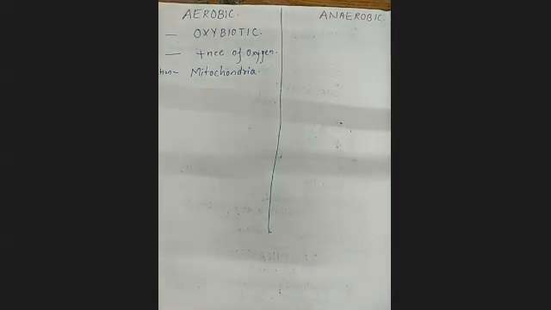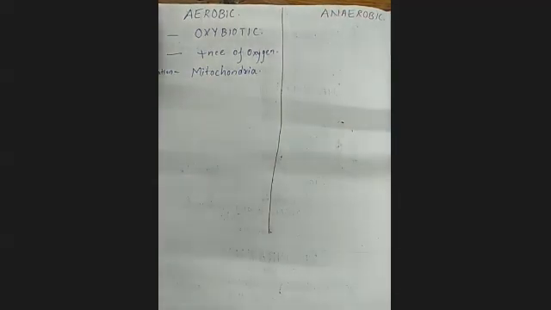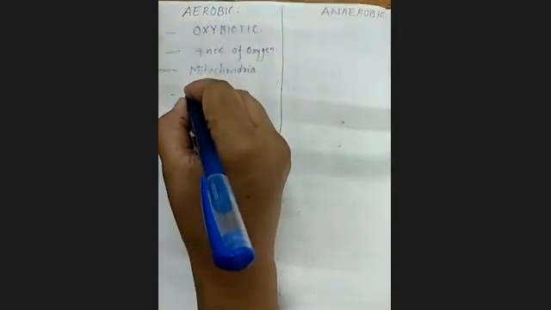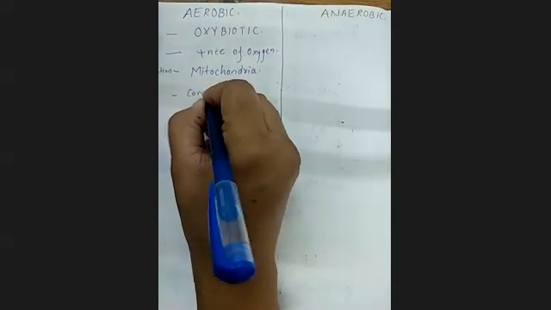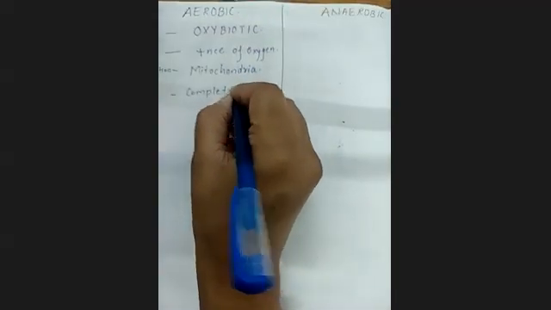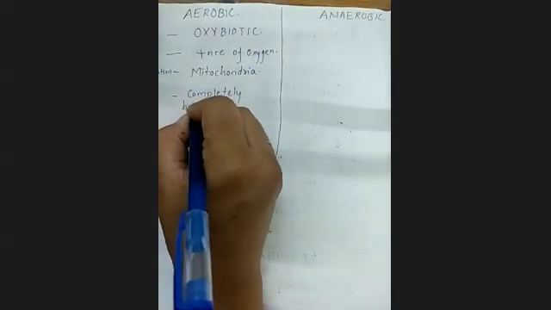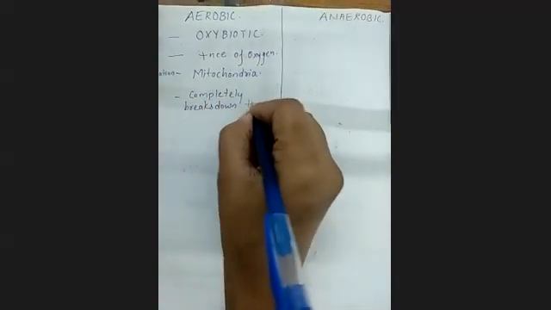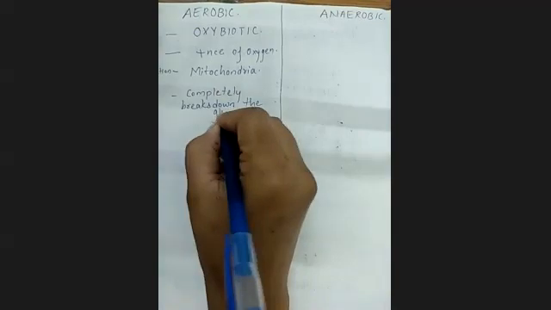Okay, the powerhouse of the cell. You must have studied that mitochondria is the location where this type of respiration takes place. Now as we know, in the beginning we saw that it utilizes the food. So what is happening in this process is that it completely breaks down the glucose.